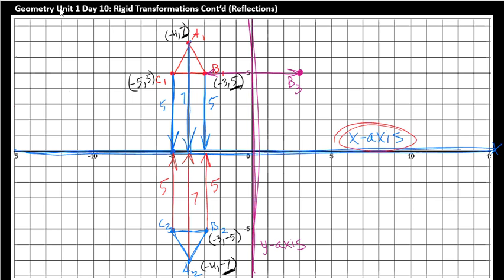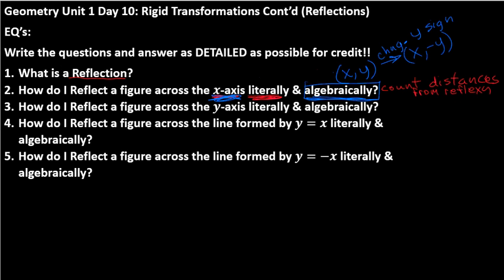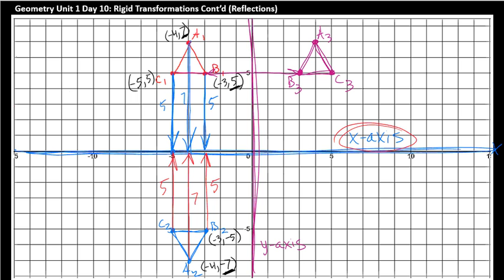Well, C1 is 2 more than B, so it's 5 away. So that would be C3. And A, we can already tell A3 is going to be there. So again, literally, it'd be the same answer as before. We're going to count our distances from the reflection line and just redraw it across on the other side.